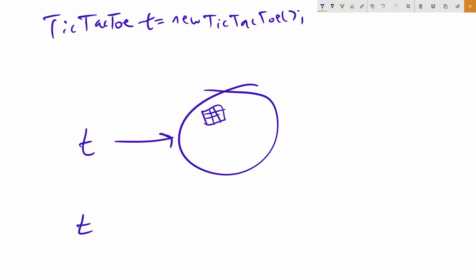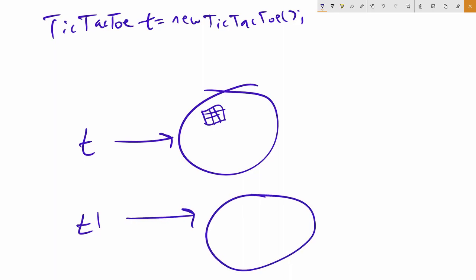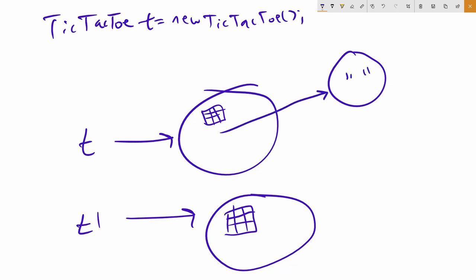If I make another object here, then we have another object, and it has its own copy of a two-dimensional board. The empty variable is a string, and it's static, so it is shared among these objects here.